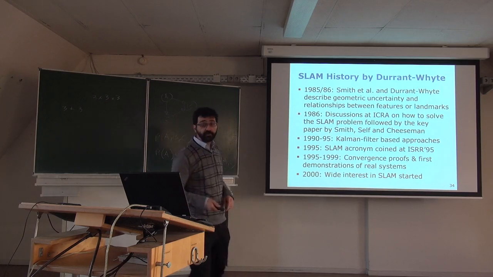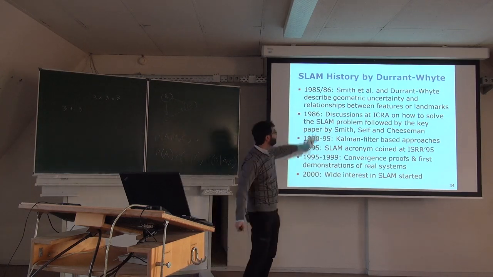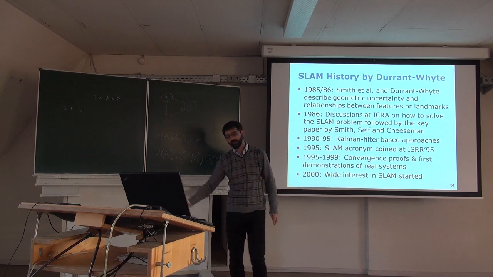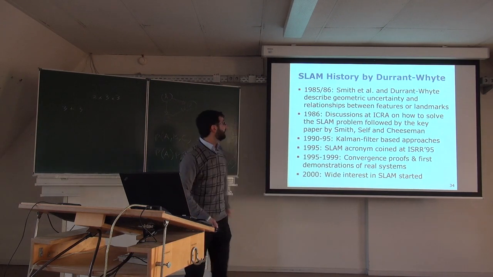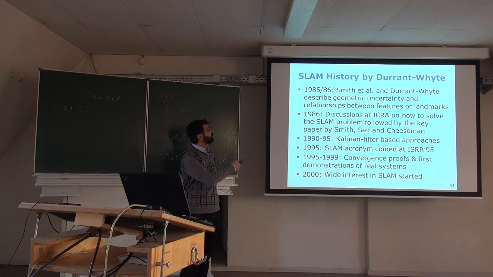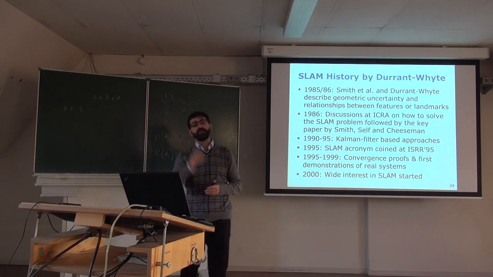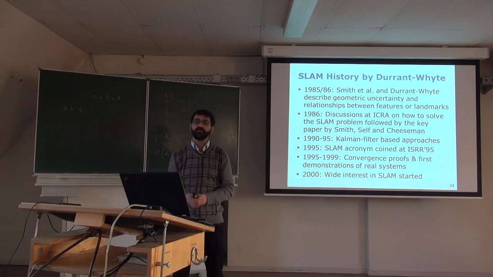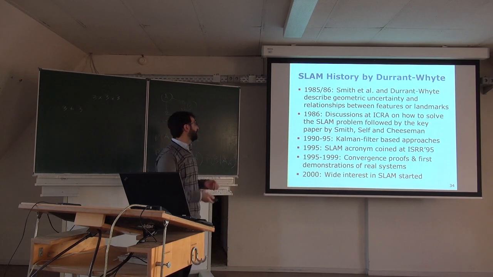There is also a history of SLAM written by a certain Durrant-Whyte, who was one of the pioneers in the field. There is a paper where he talks about this whole history of SLAM. I can just tell you briefly that the problem started in '85, '86, when they tried to formulate how we can reason about this quantity, this spatial transformation, in an uncertain way, and then it goes on.